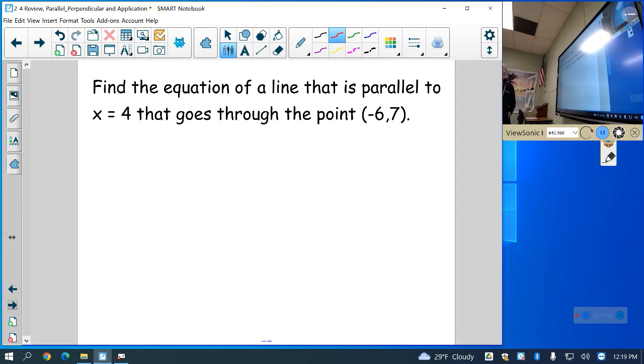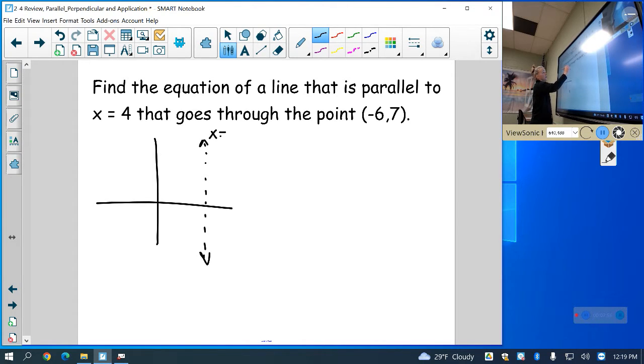Find the equation of a line that is parallel to x equals 4 that goes through the point (negative 6, 7). Now this is the same situation that we just had because we have an x equals 4 line. So I'm not going to go through that again. Let's just talk about it. x equals 4 is a vertical line at x equals 4. But now I want a parallel line that goes through the point (negative 6, positive 7).